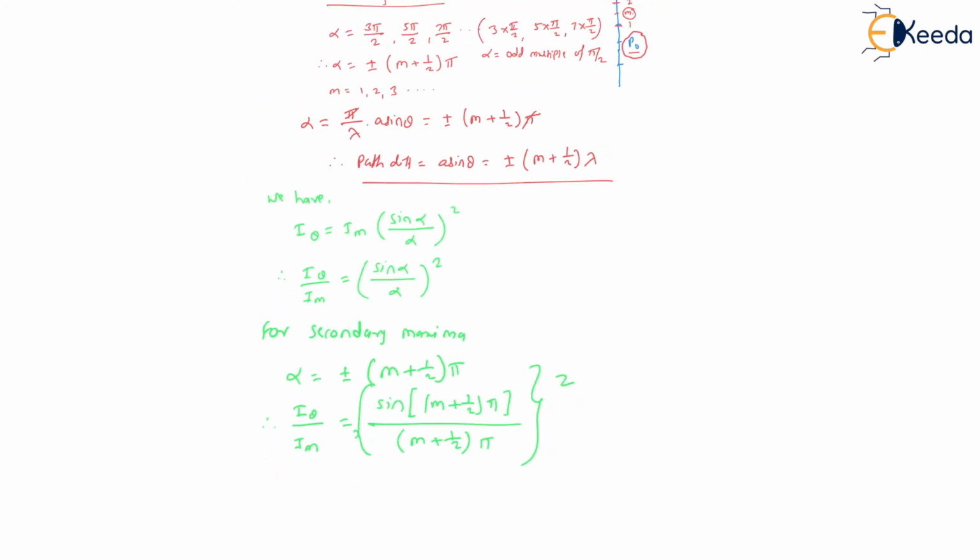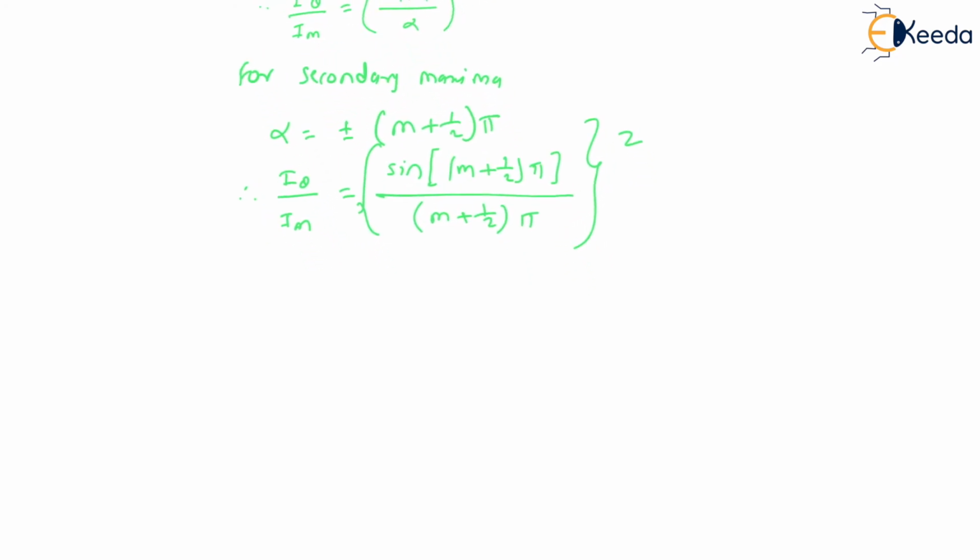Now if you substitute the values of m as 1, 2, 3 and so on, for m equal to 1 we get the intensity ratio I theta upon Im as 0.045.